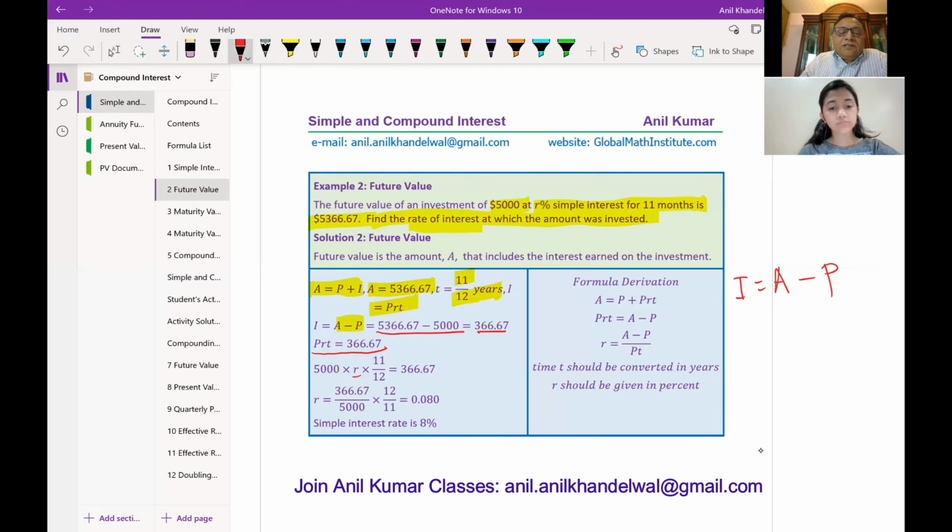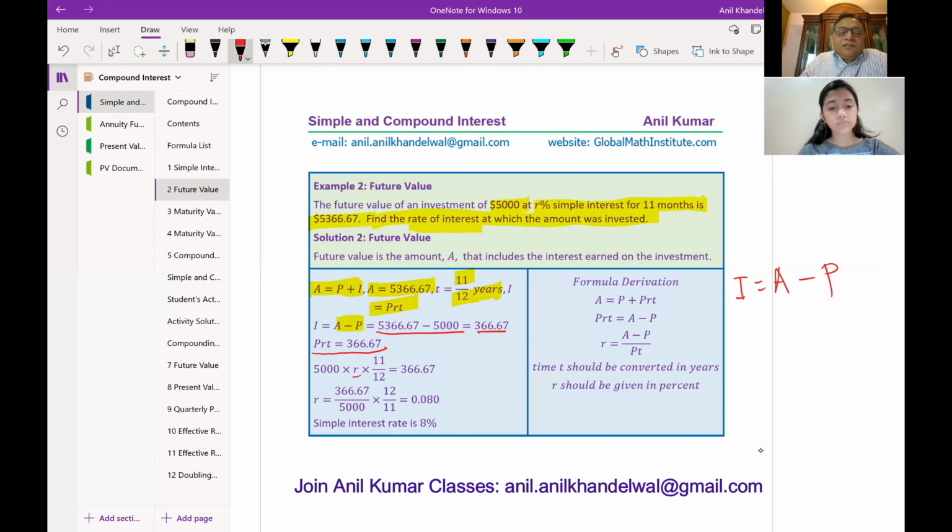R is the rate of interest. Now you have this much amount, so next year you have an amount of P times 1 plus R, correct? This is the amount with us. Now this becomes the principal, right?